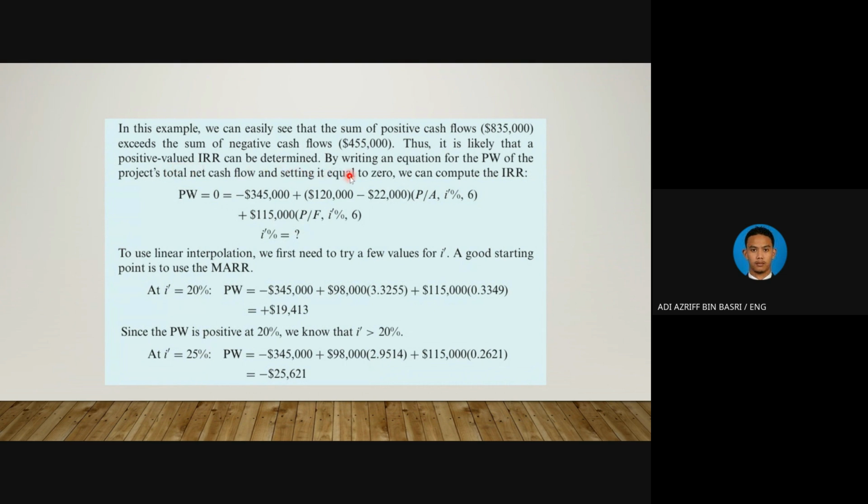Written in terms of an equation, we expect that your present worth will become zero, where your investment cost is negative 345, plus your annual present worth of 120,000 minus 22,000 for the 6 years, plus 155,000 for the future value. Okay, for example, we go to the cash flow. The cash flow will look something like this.